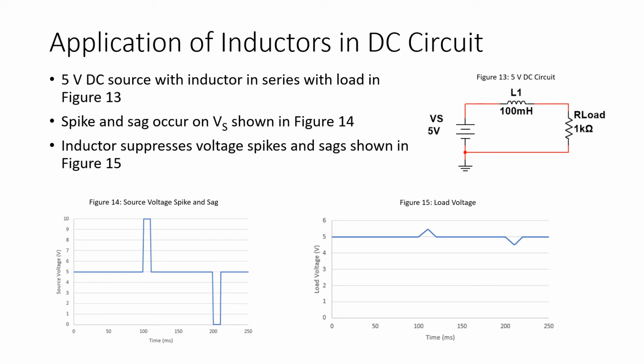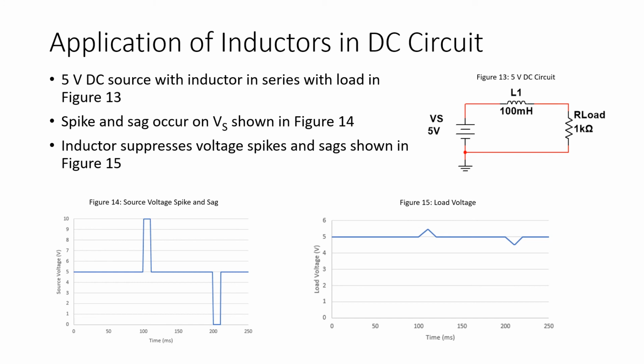So we see that at 100 milliseconds, a 5 volt spike occurs on the source voltage. Again, this spike could be from a lot of different sources. This voltage spike causes an increase in current through the circuit, and that increase in current causes a rapidly expanding magnetic field which induces a voltage that opposes the increase in current.